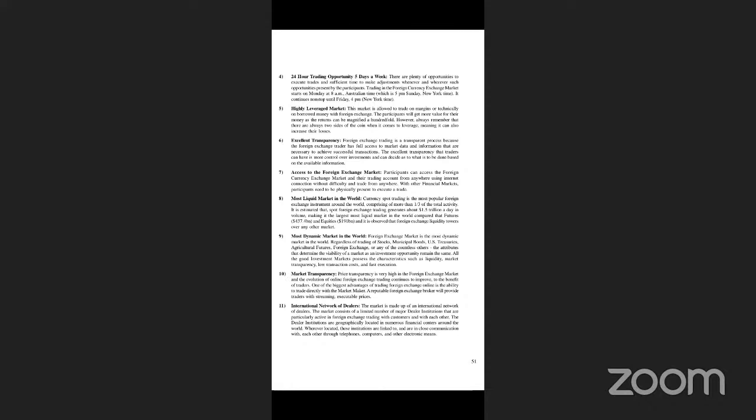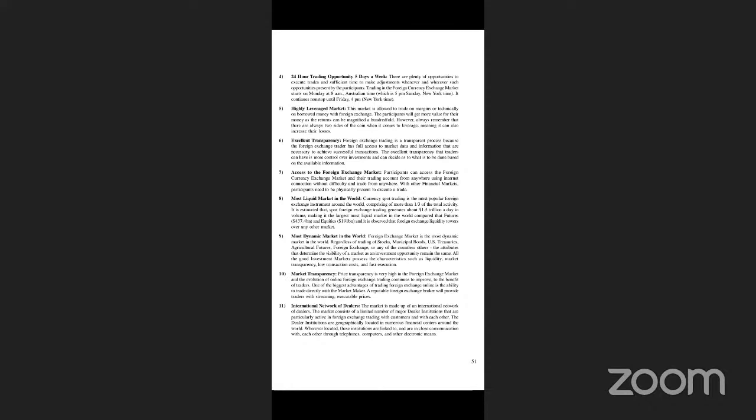Now, this foreign exchange market is regarded as the most dynamic market in the world because of the various instruments that are involved in such markets, such as stocks, municipal bonds, US treasuries, agricultural futures, foreign exchange, or any other countless instruments, which are all available to the participants.